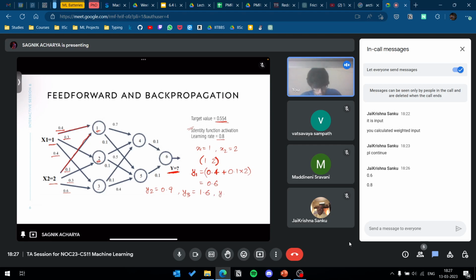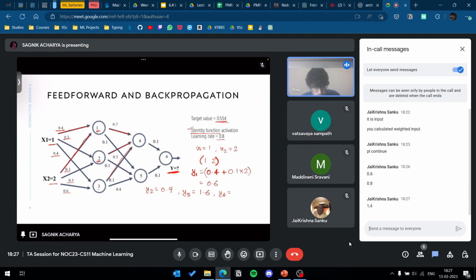Let's move on. The inputs to y4 are these three, so whatever output we got from them. By the way, I'm calculating y just as w1 x1 plus w2 x2, because I've been given that the activation is an identity function.